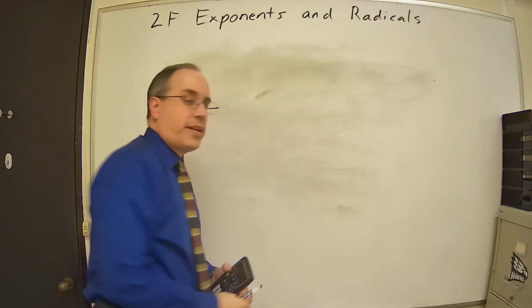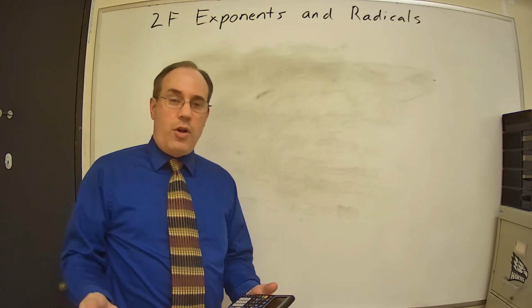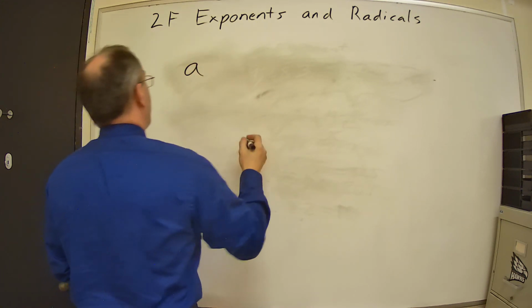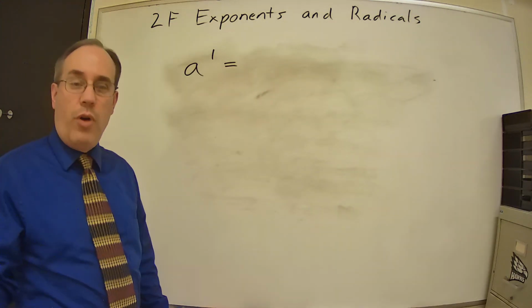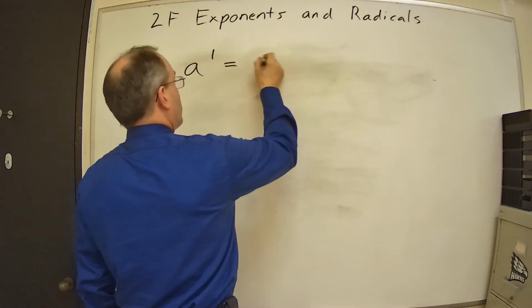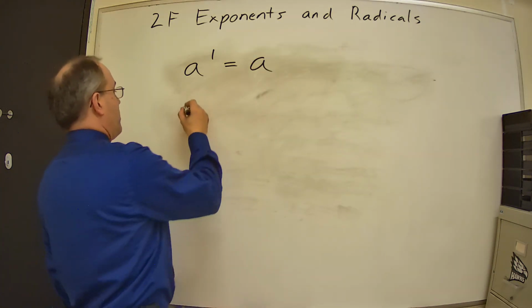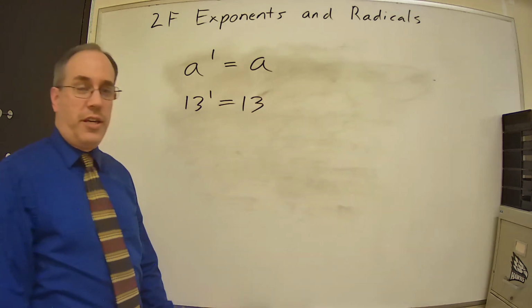A couple more things to be familiar with about exponents. First of all, any number raised to the first power, so a to the 1, gives you that number back. So if I have 13 to the 1, that is 13.